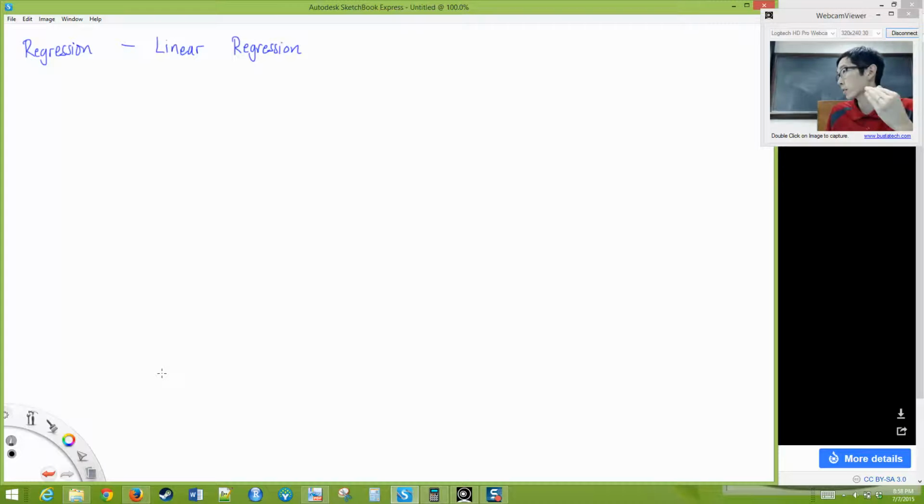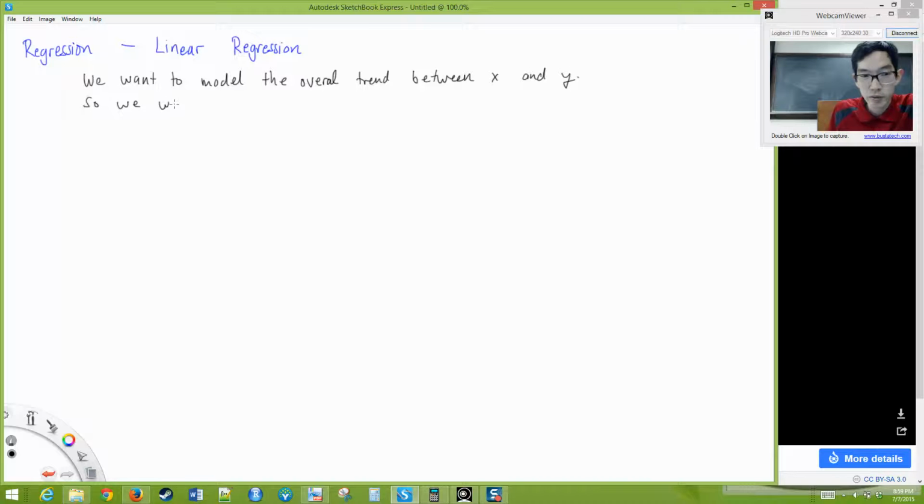Okay, so we want to model the overall trend between x and y. Okay, so we want the equation of a straight line that can be representative of the trend.